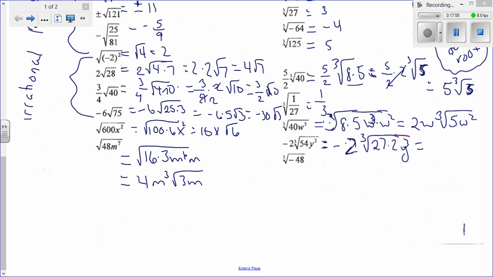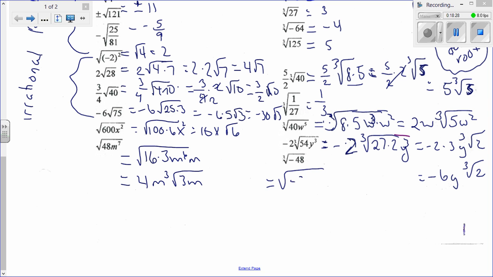And when I simplify, I'll have -2 times the cube root of 27 is 3. Y cubed becomes y, and I'm left with the cube root of 2. So if I clean that up, I'm left with -6 y cube root 2.